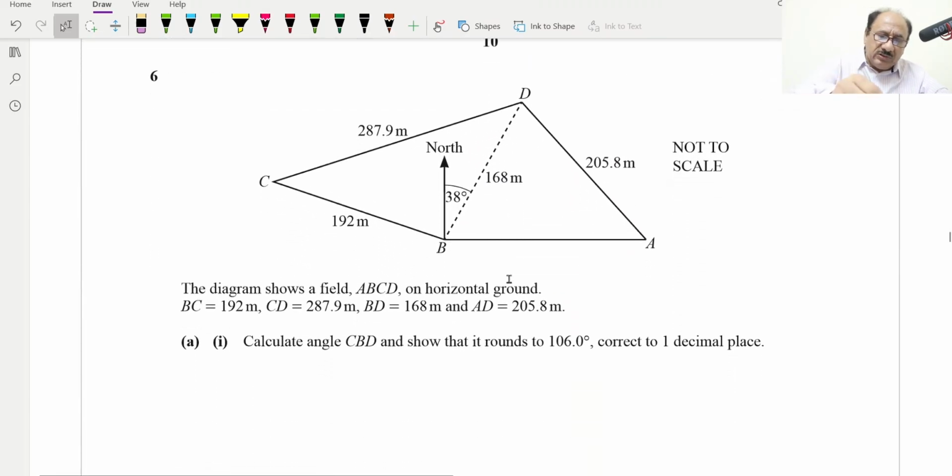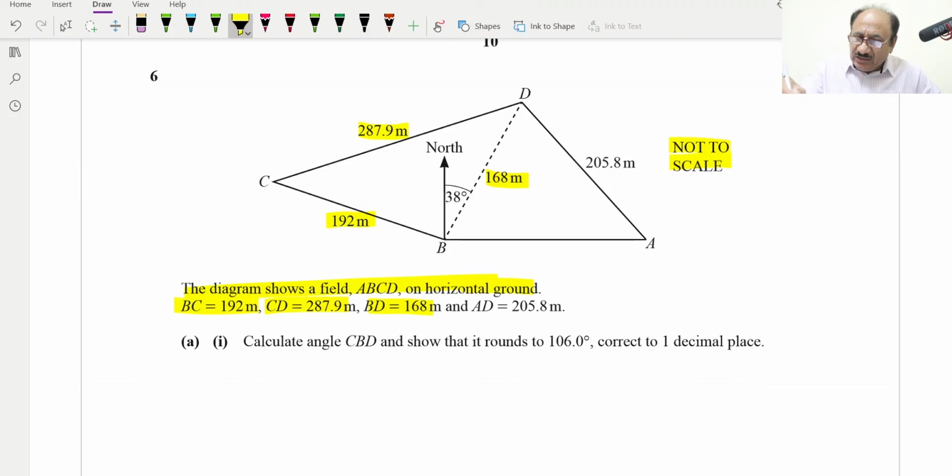Now this is question number 6. Question number 6 is a bearing question. The diagram is not to scale, and the diagram shows field ABCD on horizontal ground. BC is equal to 192 meters, CD is 287.9 meters, BD is 168 meters and AD is 200.